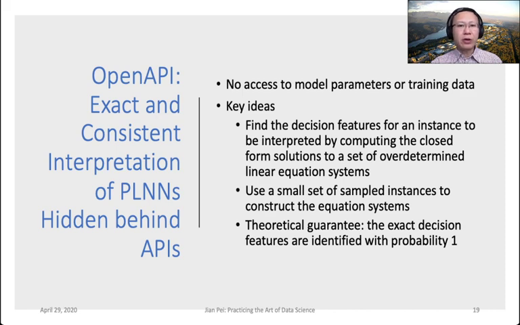To obtain those equation systems, we use a small set of sampled instances. We provide a very strong theoretical result: our approach can guarantee that the probability that exact decision features are identified is 1.